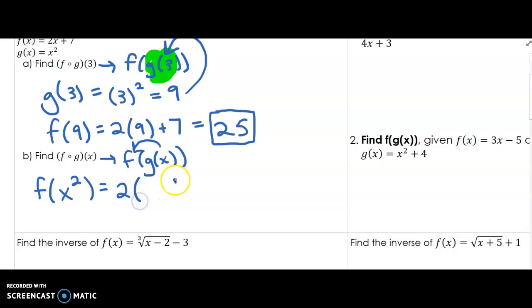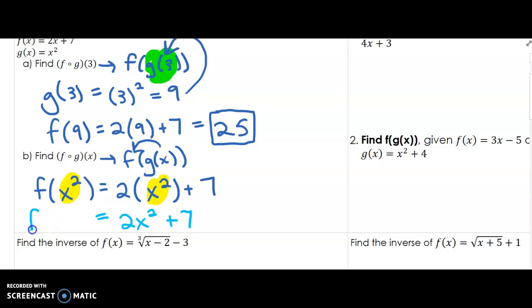But every time I see an x, I'm going to leave a set of parentheses there instead. That's going to tell me, hey, what do I need to plug in here for x? I need to plug in x squared. And when I do that, I get 2 times x squared, which is just 2x squared, plus 7.